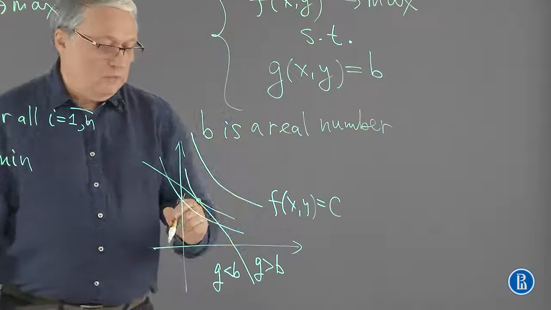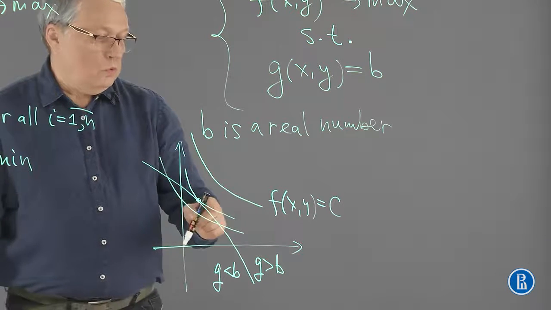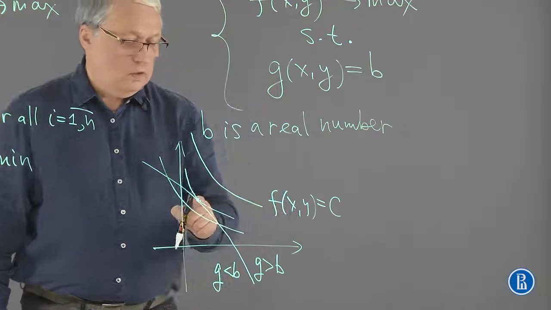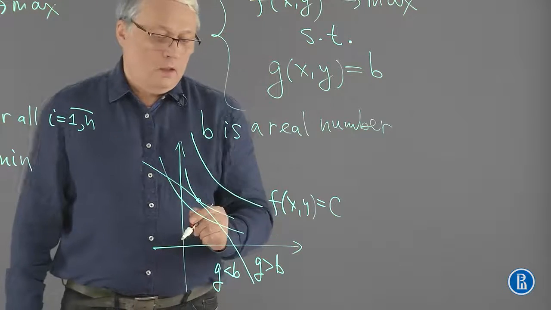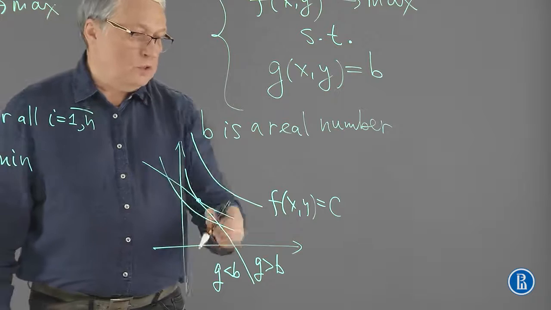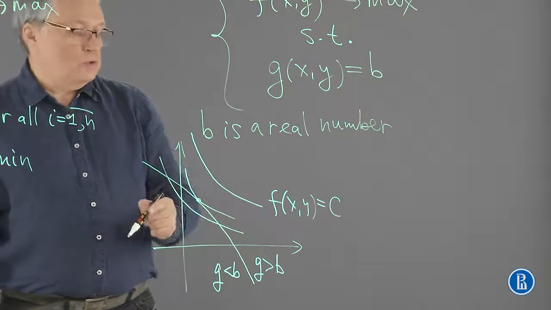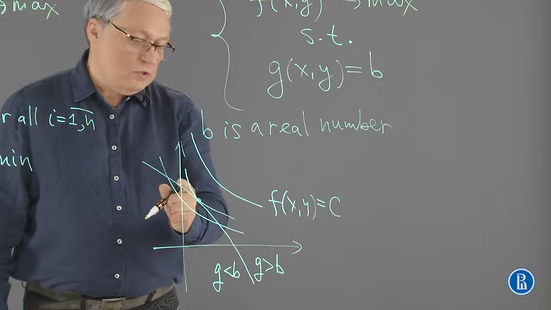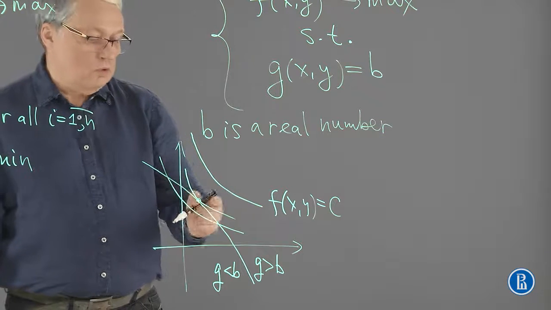That means that if we would like to draw the gradient vector of the function f at this particular point, this is a point where the level curve of f and the curve representing the constraint equation touch each other. So there is a common tangent line which passes through this point and which is tangent to both curves.